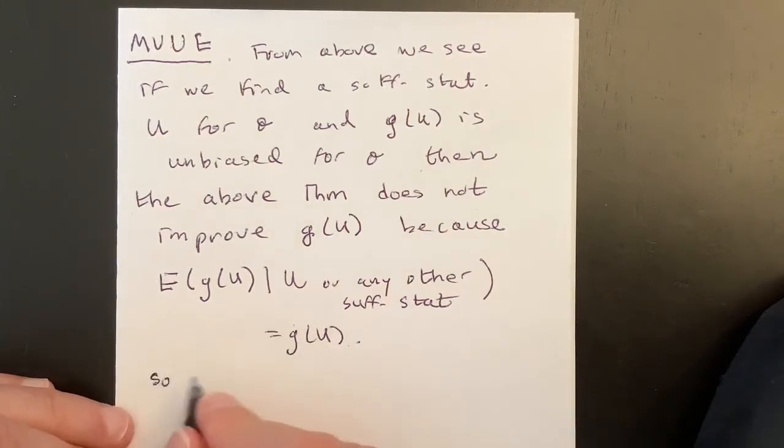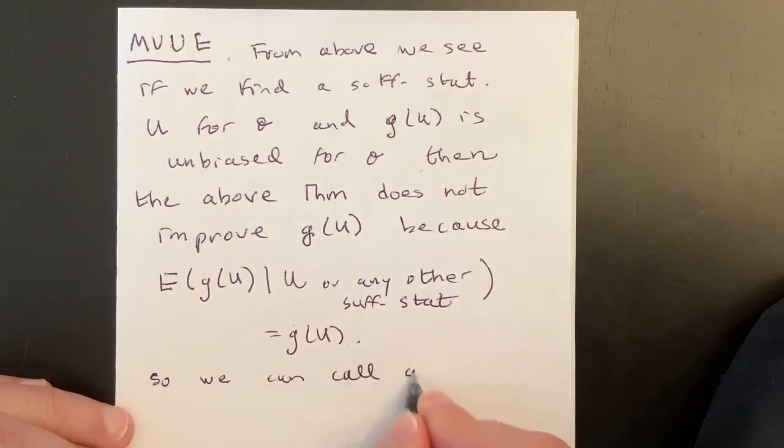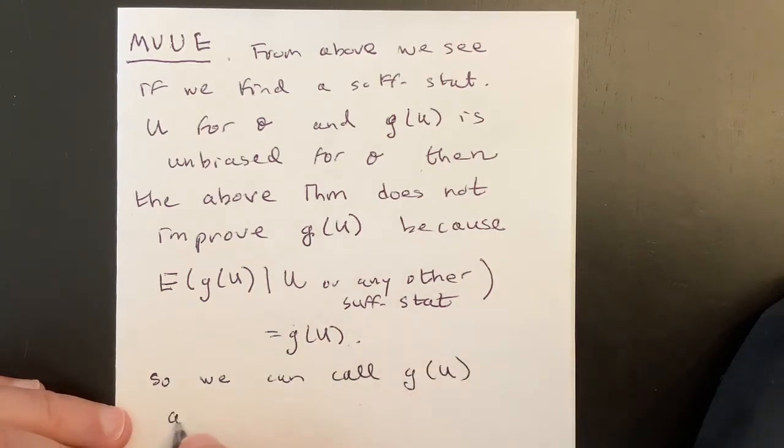So we can call g of u a minimum variance unbiased estimator for theta.